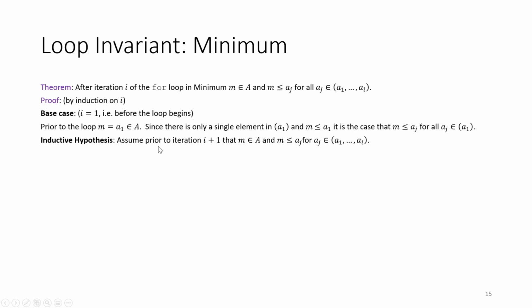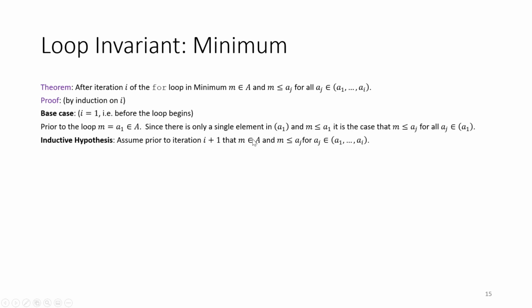What we're going to try and argue in this step is that after iteration i plus 1, so here's what we said is happening before this iteration, we're going to now argue what happens after this iteration. So again, what do we need to prove?